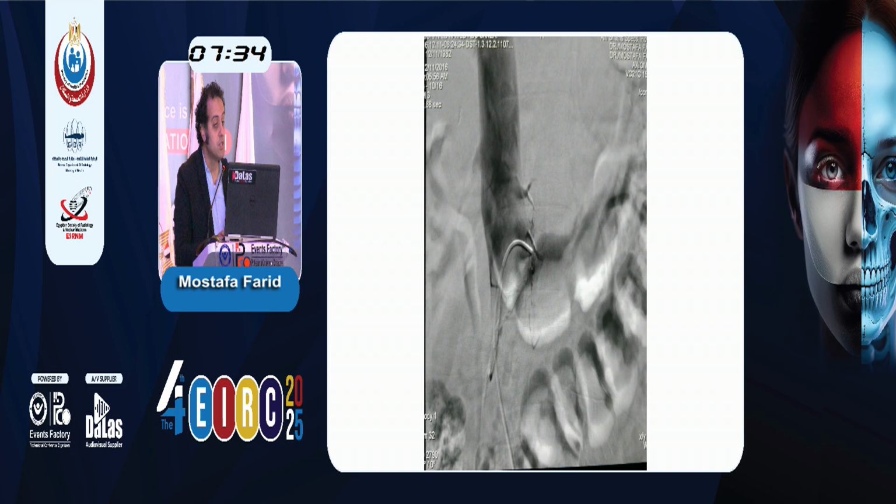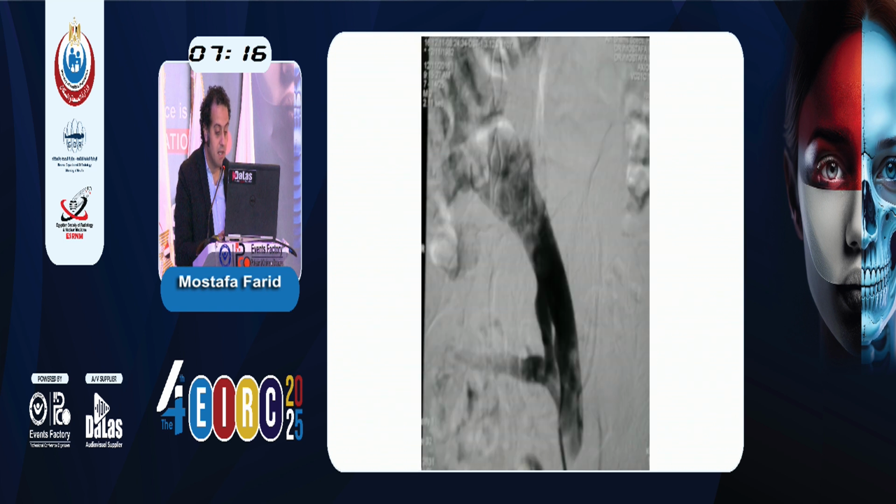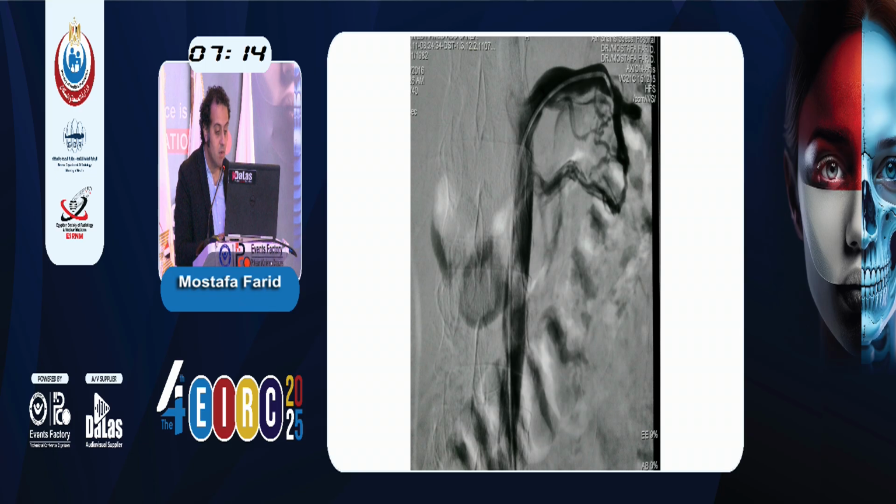I kept on searching for the renal vein time and time, and I could not find it. So I went to the iliac veins, then I saw this. Then I accessed the left iliac vein, and I went up. It was a double IVC.